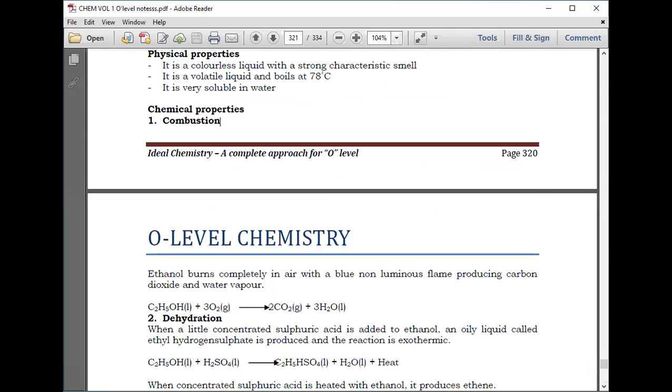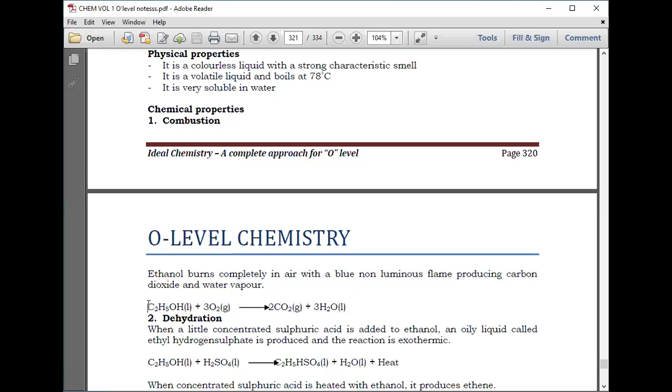I told you the products will always be carbon dioxide and water. So ethanol also burns completely in air with a blue non-luminous flame, producing carbon dioxide and water.